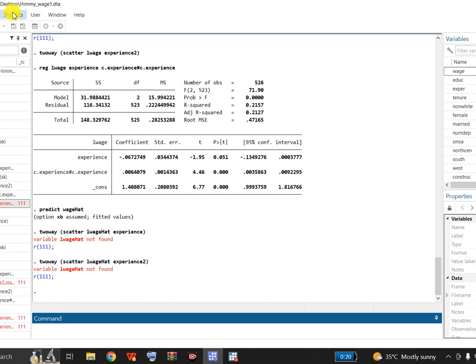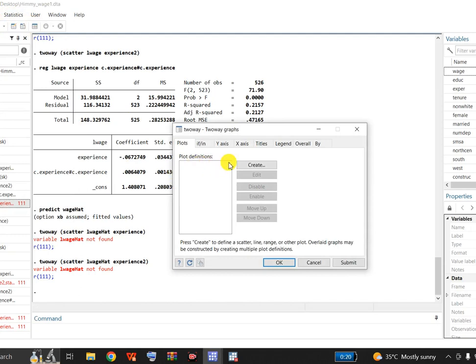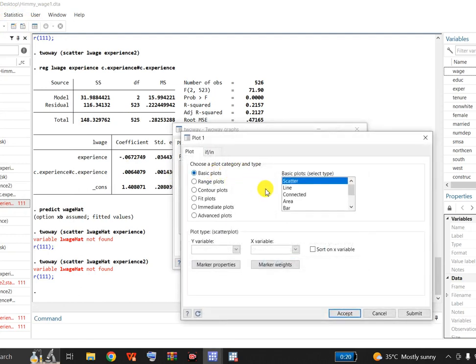Let me also check if I could make this scatter diagram. This should be my dependent variable, log of wage, and let me take this as experience.